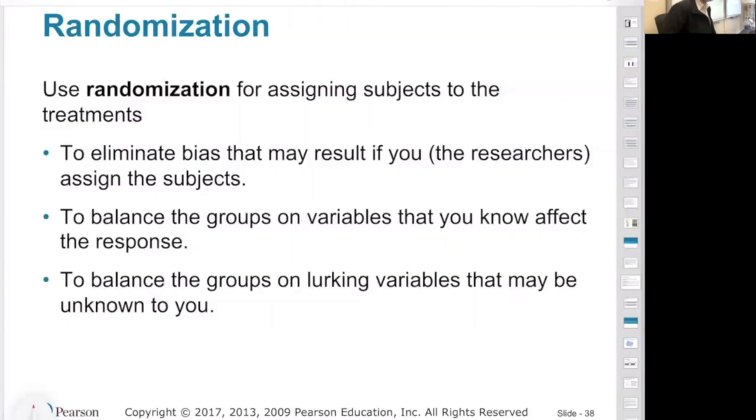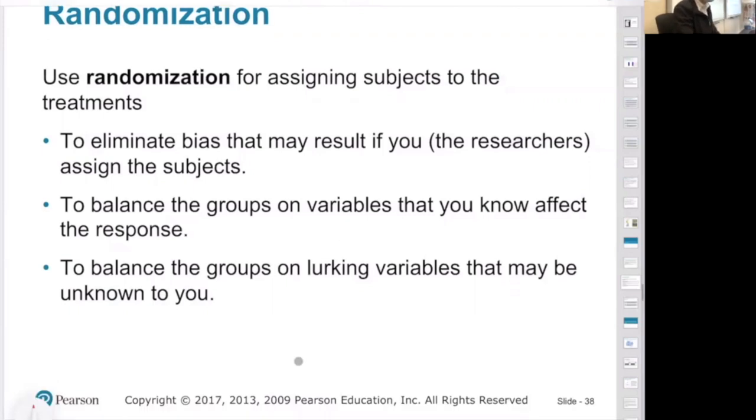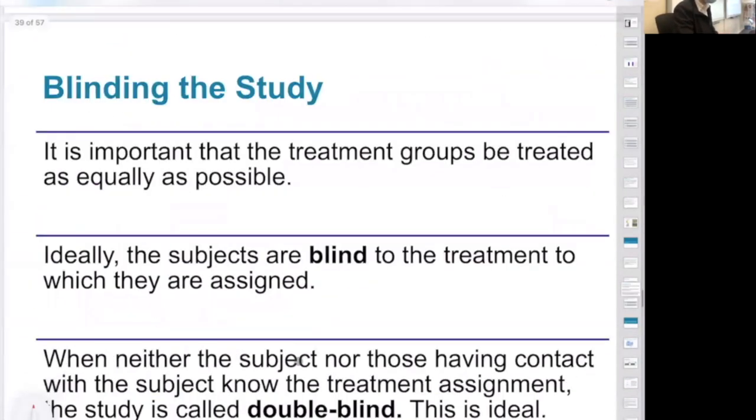As you can see here, it eliminates bias that may result from how subjects are assigned, and it balances the groups on variables that you know affect the response, and on lurking variables that may be unknown to you. So the randomization process here will balance all these problems.